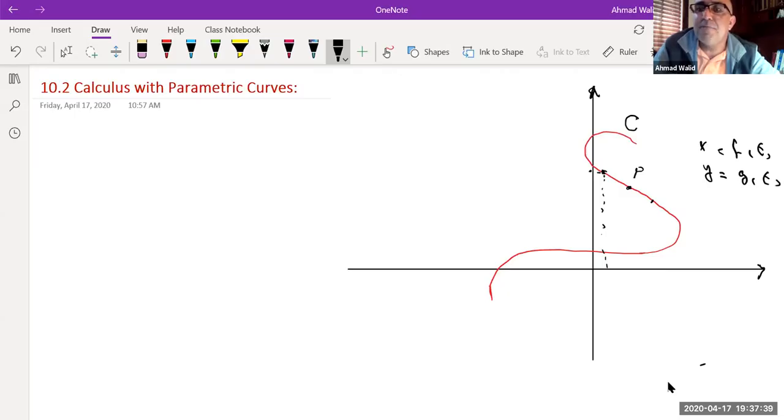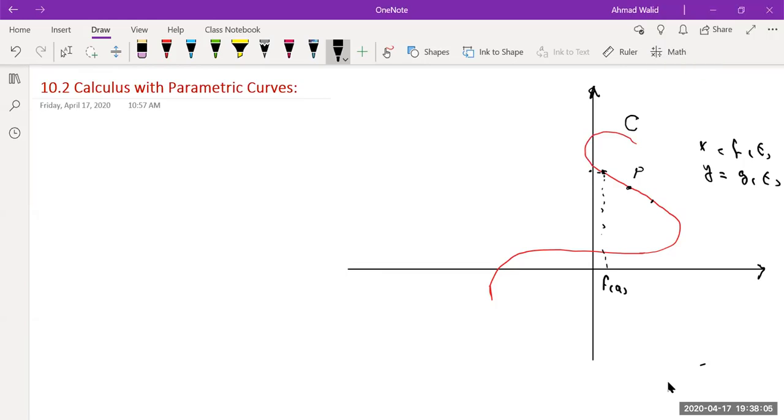Remember this idea from the first day that I started explaining parametric equations? If I name this point f of a, what is the coordinate on the y? If this is f of a, what is this on the y? g of a, excellent.